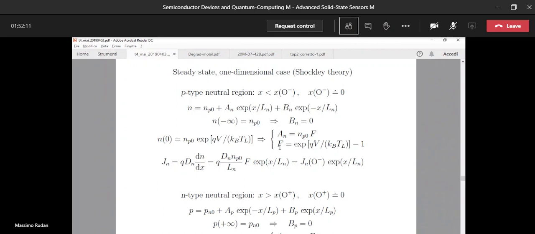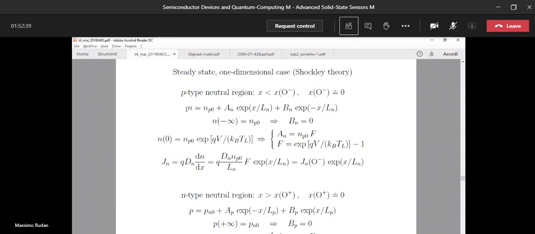And this f is defined as exponential of qV over kT minus 1, okay? So you have Bn is 0, An is now calculated. It's completely known because we know everything here, okay? An is np0 times f, okay?